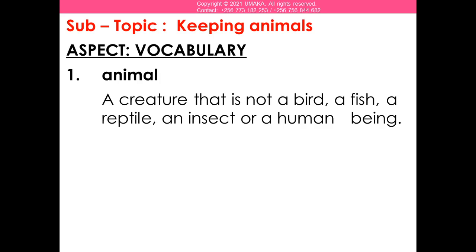But don't forget that pets can at times be of importance in a home. Take an example, a cat. Class, does any one of you have rats in the bedroom? If you have, yes, a cat can be important. A cat eats the rats.